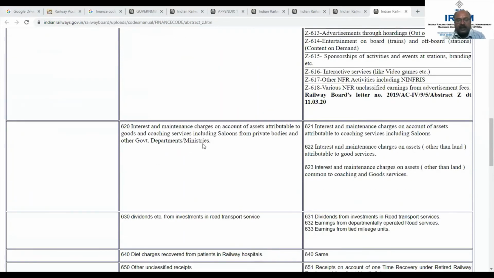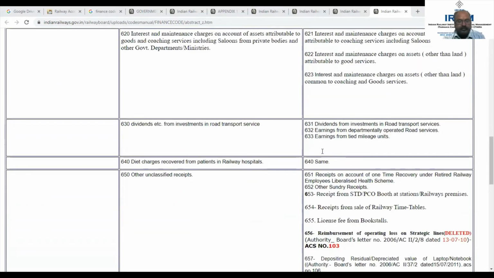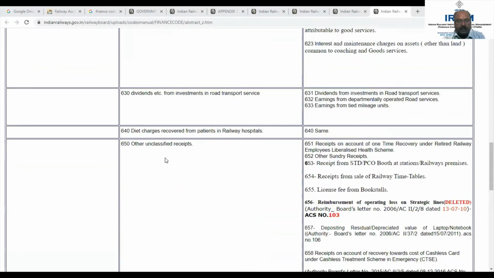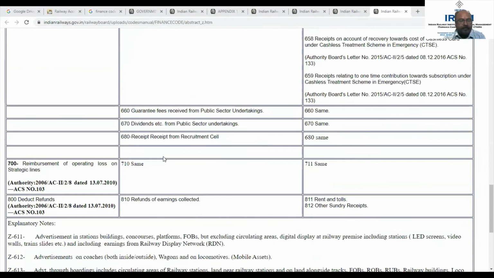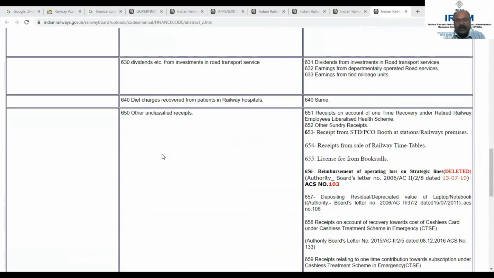And this is the interest and maintenance charges on account of assets, that is from private bodies and other defense coaches and others. This is very, very important: 93,652, starting with 93, this sundry earnings. 93,652 is the other sundry receipts.